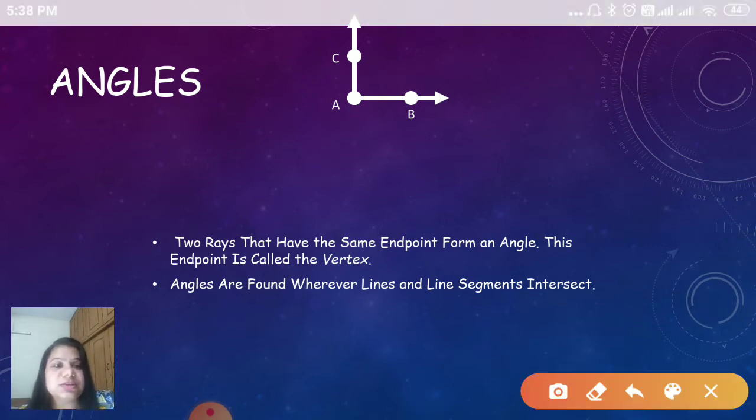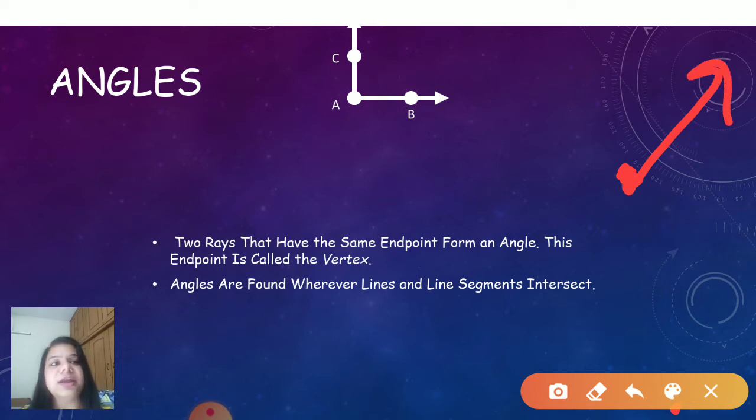So you can see in the figure also, I am going to draw as well. So you can check, if I'll take this ray, okay, and from this common endpoint I am going to draw one more ray. So what is formed? Angle is formed here. So this is the measure of inclination of two rays. So this is what? This is an angle.